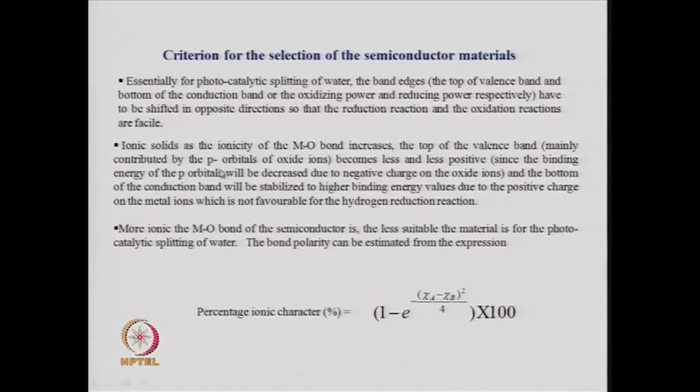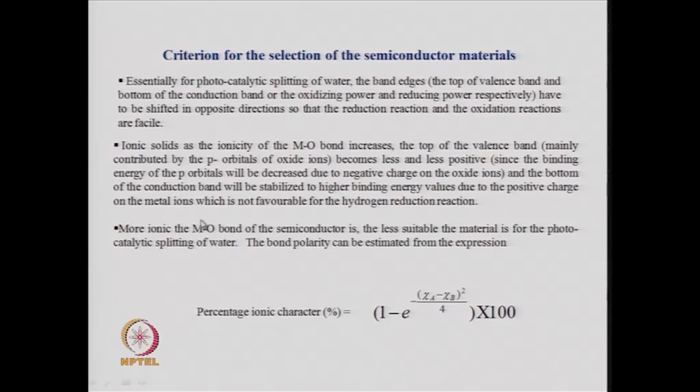Typically, in ionic solids, as the ionicity of the metal oxygen bond increases, the top of the valence band becomes less and less positive, and this is due to the bonding between the orbitals of the metal and the oxide ions.